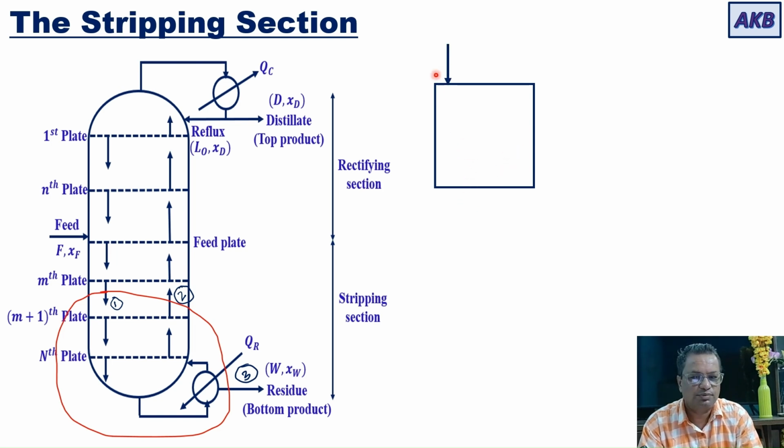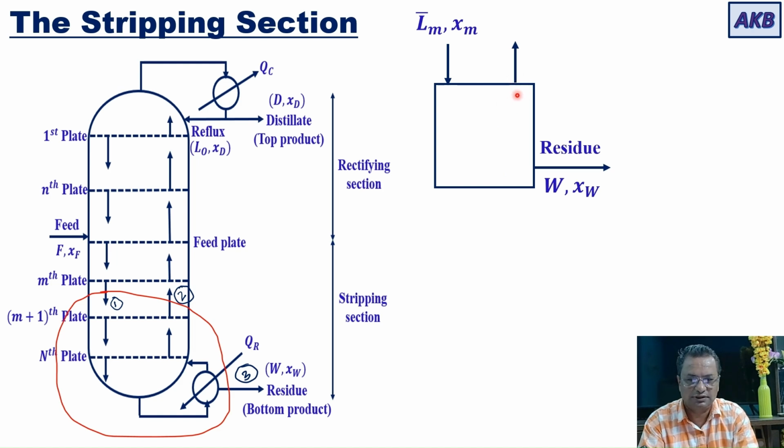From the top you have the liquid stream that is coming from the nth plate. So the flow will be L bar M and the mole fraction will be XM. The bar indicates that now we are in the stripping section. And at the bottom you are taking the residue or the bottom product, and the vapor stream coming out of the section that we have considered will have a molar flow rate of G bar M+1.